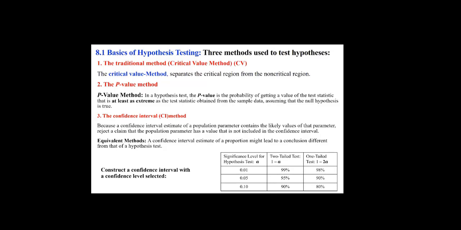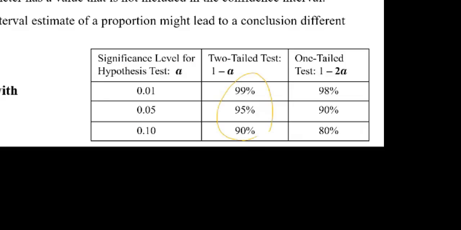Construct a confidence interval with a confidence level selected. We've already seen the confidence level of 99%, 95%, 90%. It's important that we normally go with those values. Now, corresponding to 99%, and then if you're dealing with a one-tail test or two-tail test, when we look at alpha, which is called the significance level of the test.